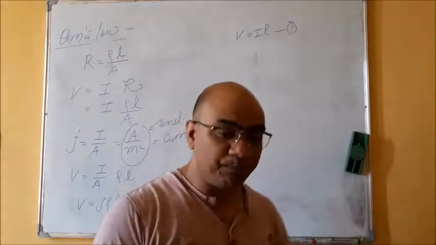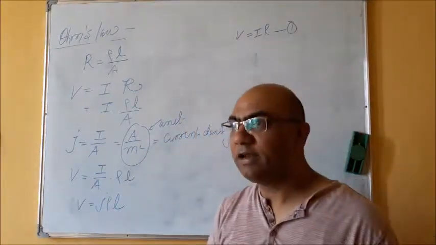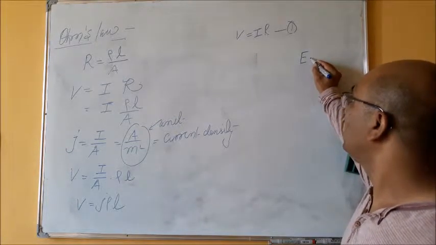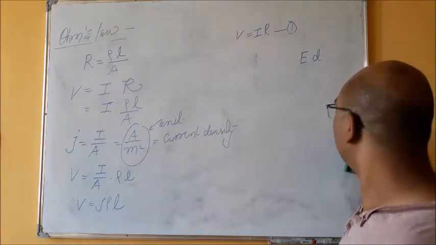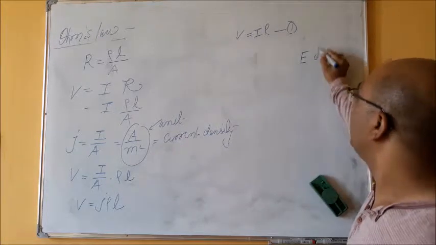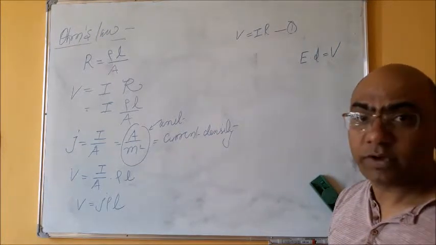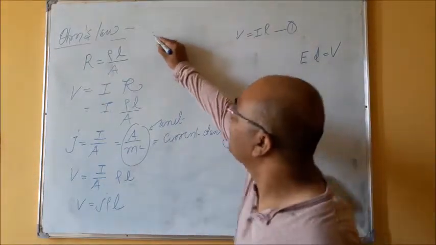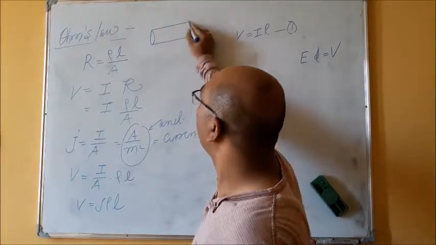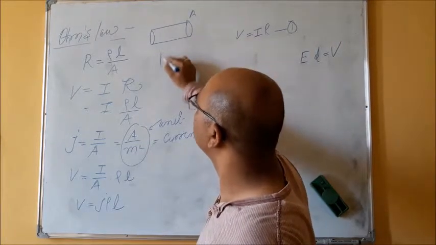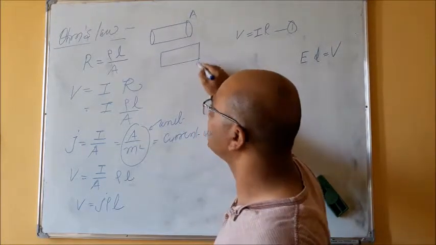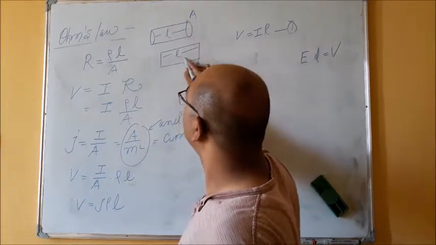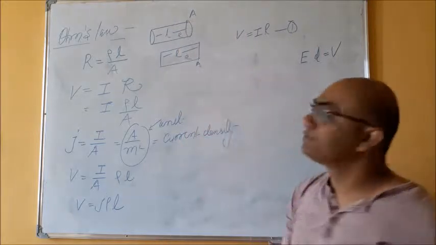Now, from the concept of electric field intensity, you know the relation that E into D is given by V. So what is D here? D means we have this conductor having area A, maybe of this shape or this shape, that does not matter, with length L and rho the specific resistance.